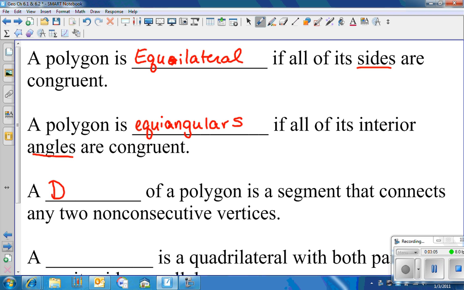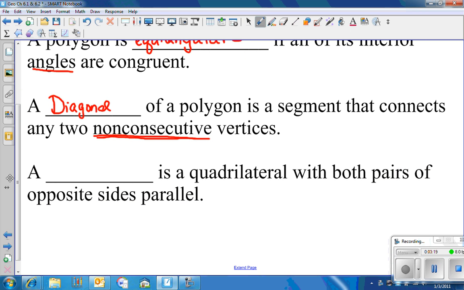The diagonal of a polygon is a segment that connects any two non-consecutive vertices. Non-consecutive means sides that are not right beside each other, angles that are not right beside each other. And a parallelogram is a quadrilateral with both pairs of opposite sides that are parallel.